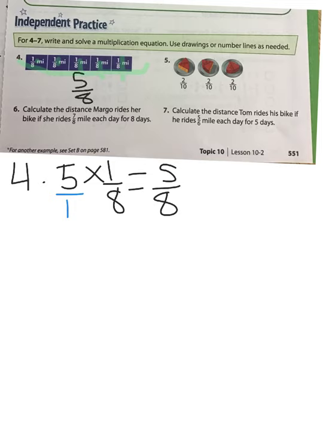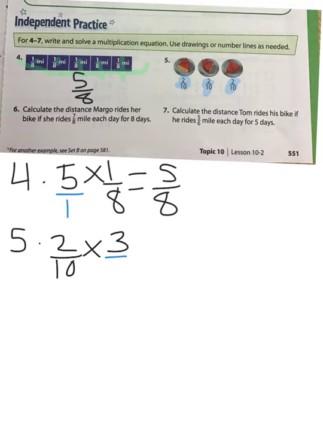All right, number 5. I have 3 different sets of pies, it looks like, and each pie has 2/10 left. So my equation is going to be 2/10 times 3.